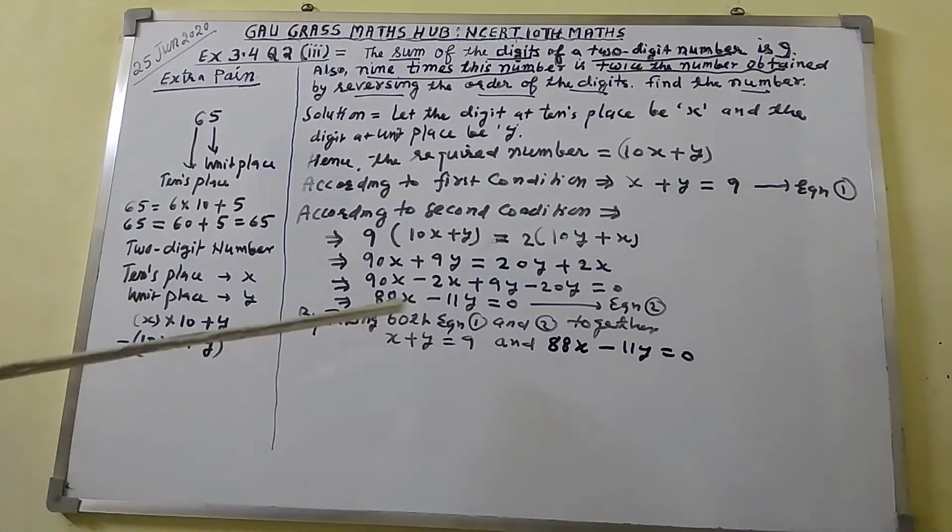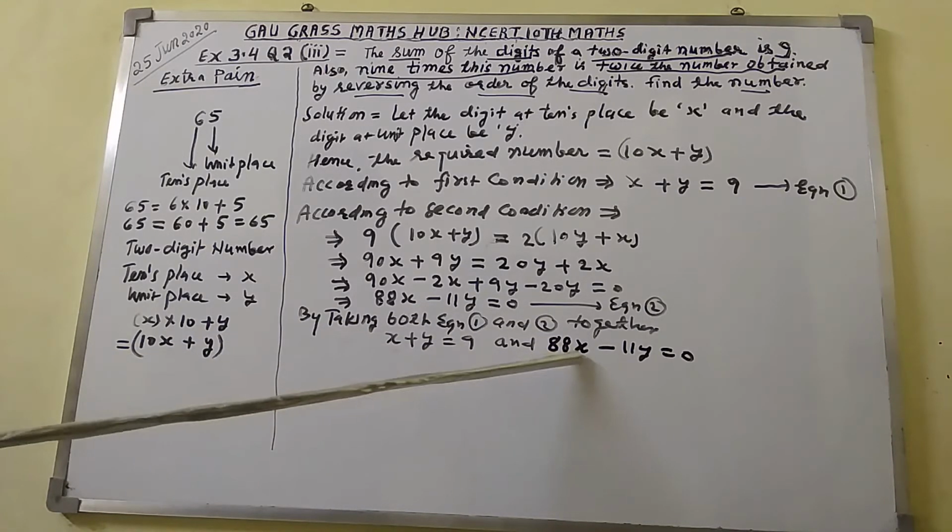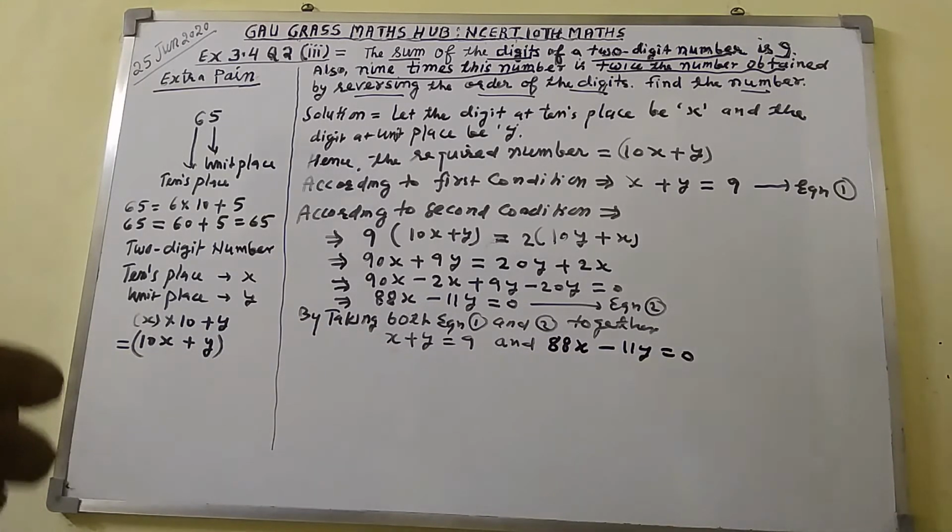Here you can see equation number 2 is 88x minus 11y equal to 0.